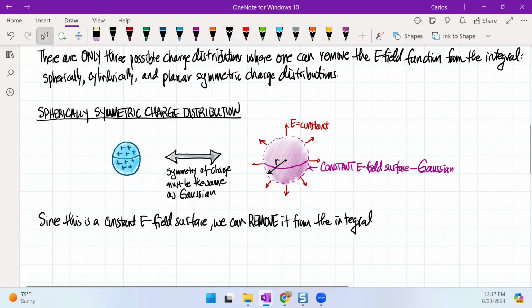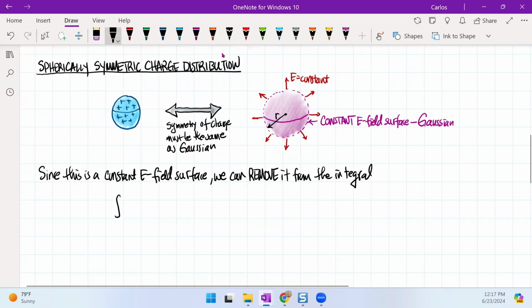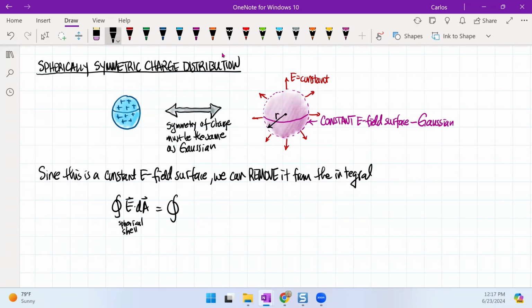So when I'm looking at my flux, my flux is E dot dA, but now I'm integrating over a spherical shell. It's not a solid sphere, it's a spherical shell. As I continue, this is going to be E cosine theta dA.